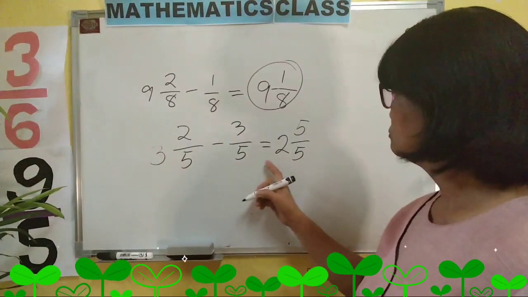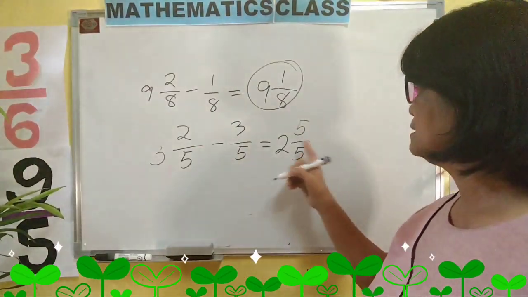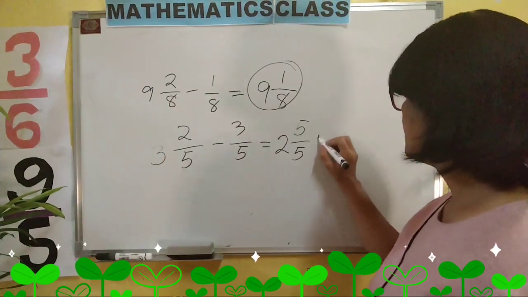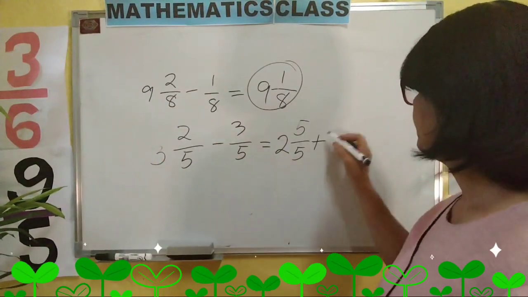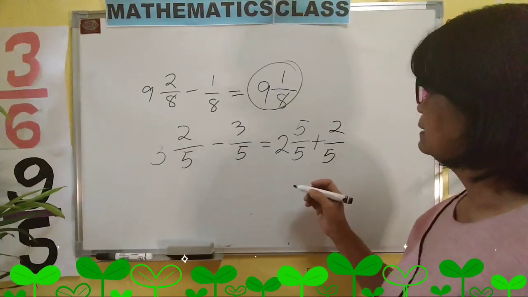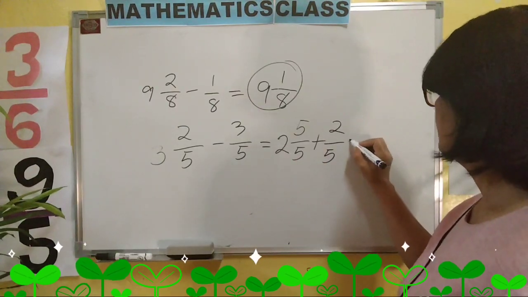The 3 became 2 and 5/5. 5/5 is equivalent to 1. 1 plus 2 equals 3. And then, plus 2/5. We add it, okay? That will give us the sum of 2 and 7/5.